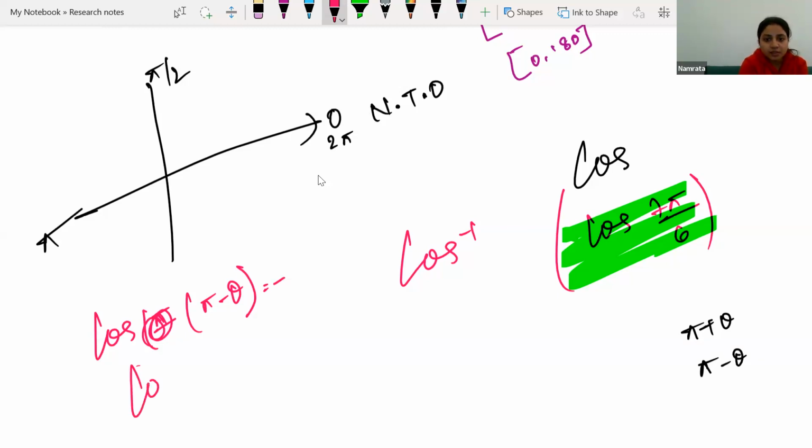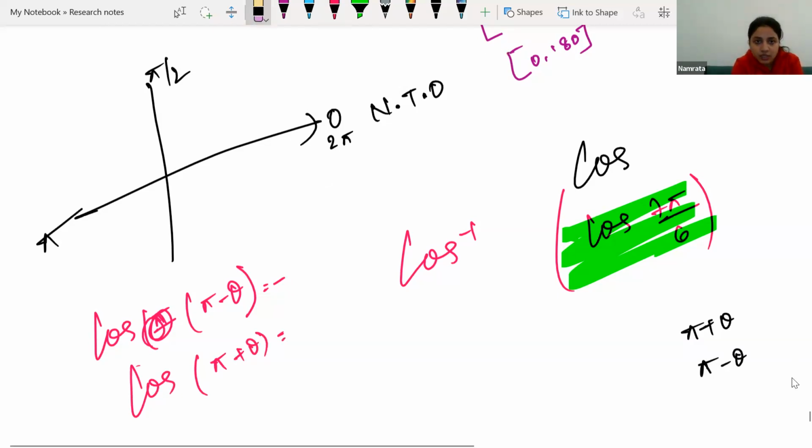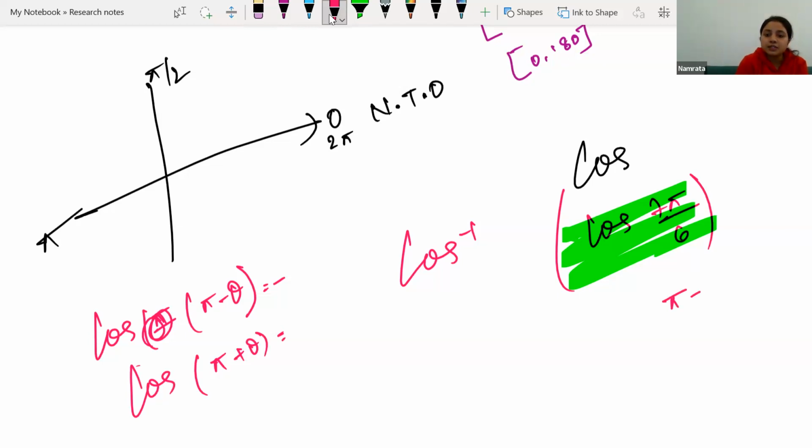Cos of pi plus theta, it's okay, negative positive, let's change. So can we write this 7 pi by 6 as pi plus pi by 6, 6 pi plus pi, 7 pi by 6, cos inverse.